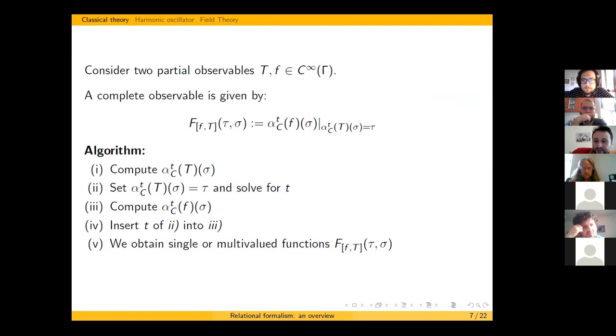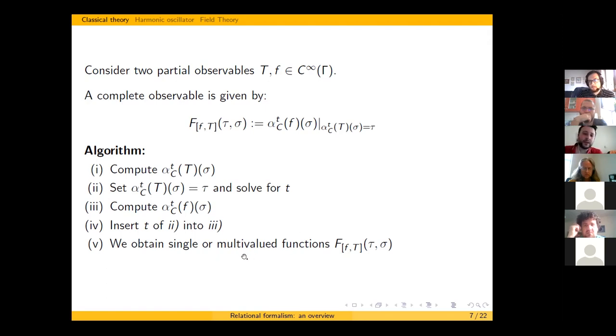Is there some rule for the number of partial observables? If you have some set of partial observables, will you always get one complete observable? Or if you add more partial observables, can you get more complete observables?